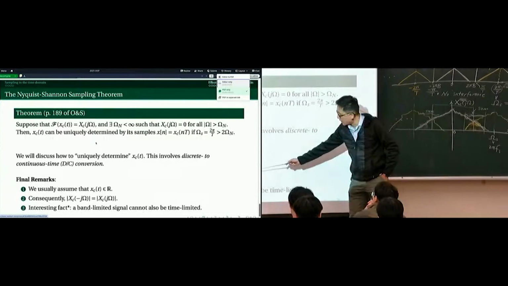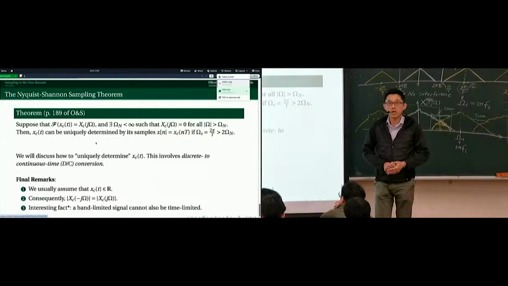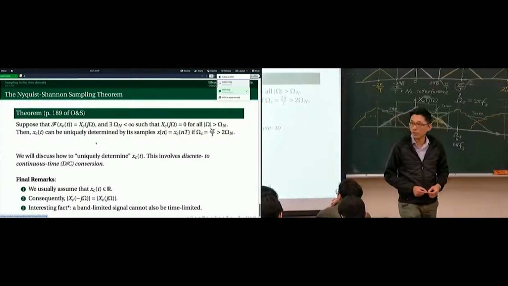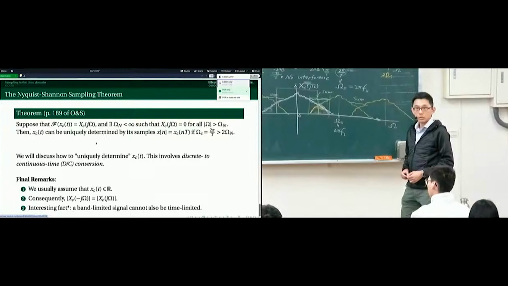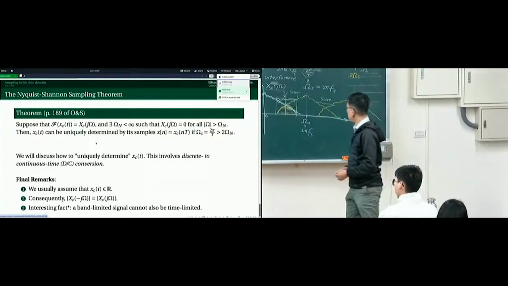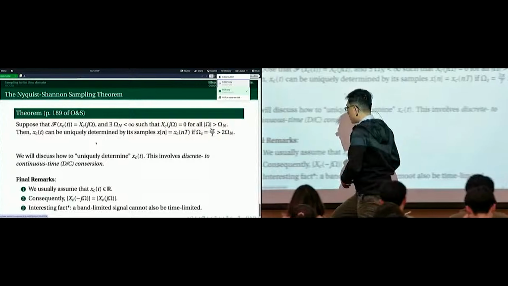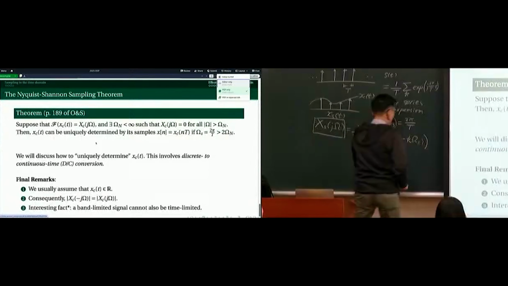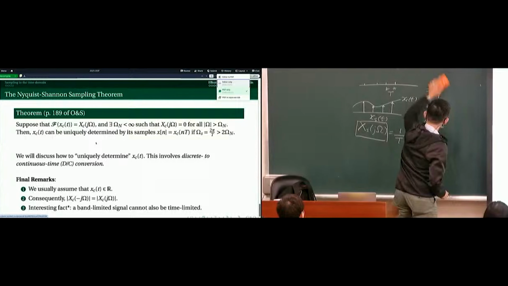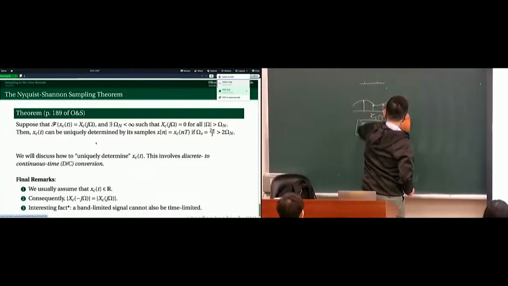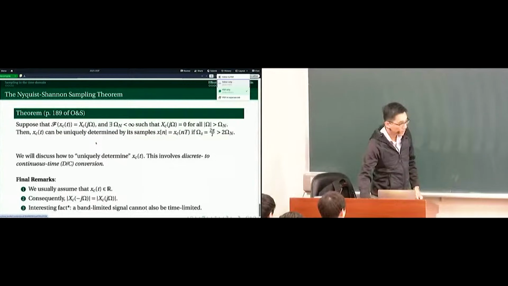Okay, so that's just a statement. But following that, consequently, if you have a real value signal in time, then what happens in the frequency domain? In the frequency domain, we will have a symmetry. Some of you might be familiar, but for the sake of being comprehensive, let me just mention.